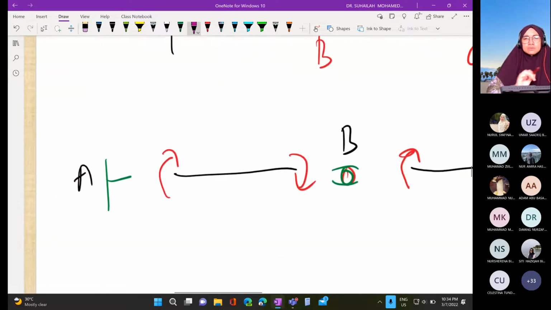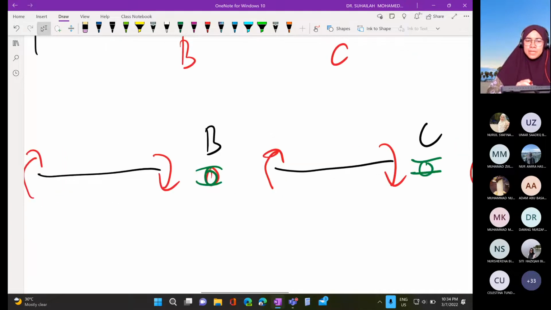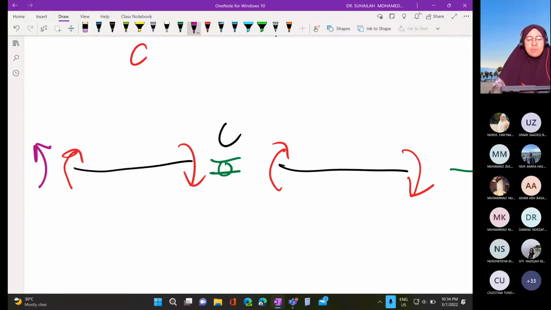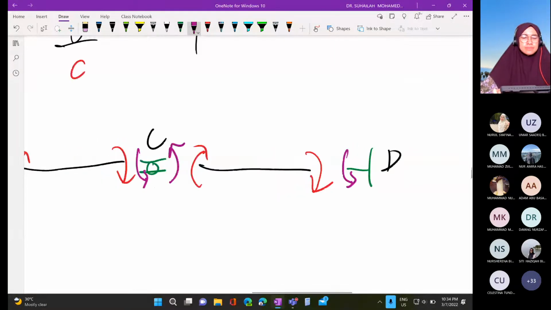So at joint A we have joint moment opposite. Okay, at B we have joint moment which is opposite. Letak je yang arah opposite tu. Joint moment always opposite with member end moment. That is the fact.